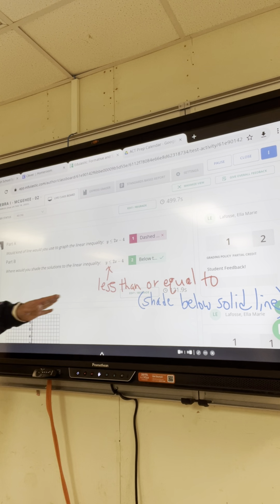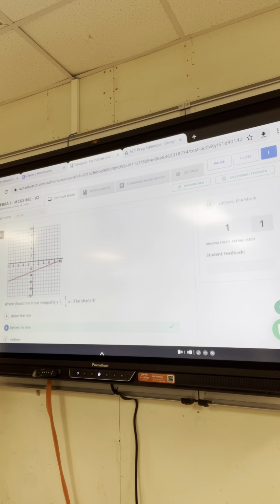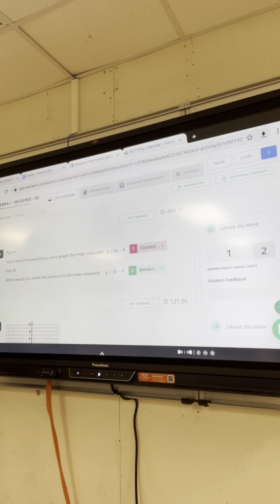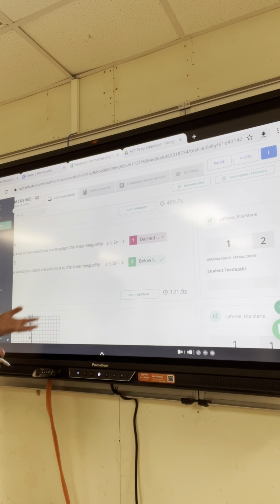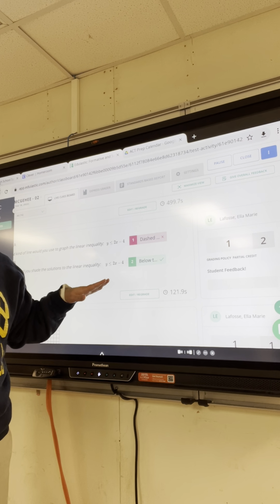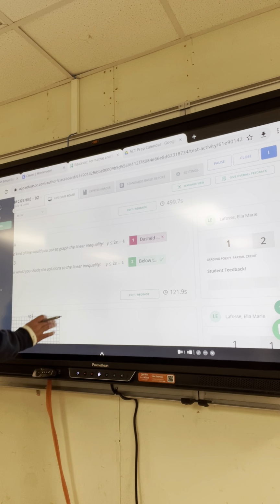Shade it above? No, below. Y is less than or equal to. Look, this is the output. Y is the output, right? So the solutions are less than that number.